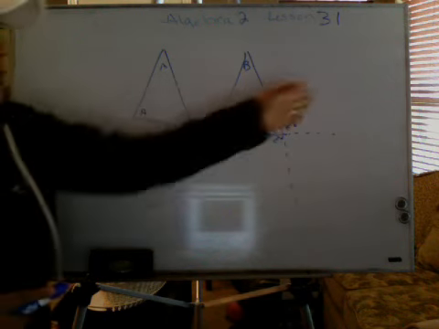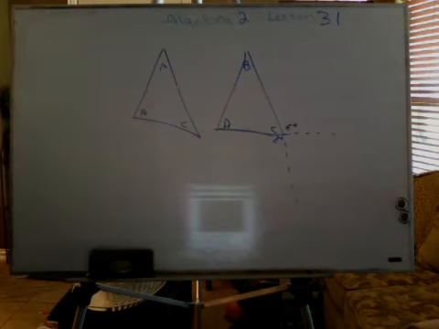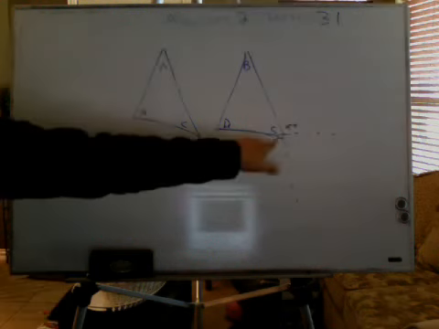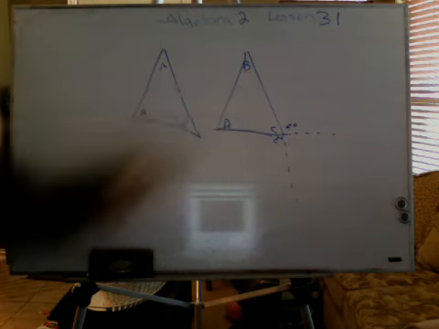Vertical angles mean across from each other, and we learned earlier that those angles are equal. The exterior angles are angles that have equal measures. We can prove that the measure of each of these exterior angles equals A plus B. We're going to prove that this angle equals A plus B.